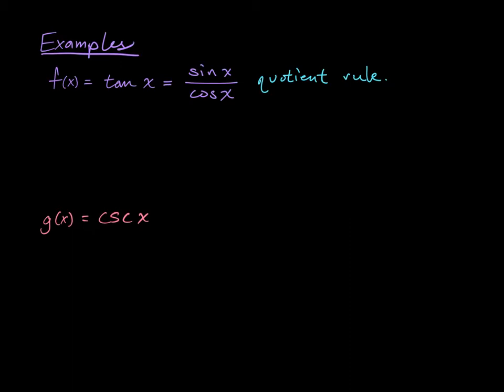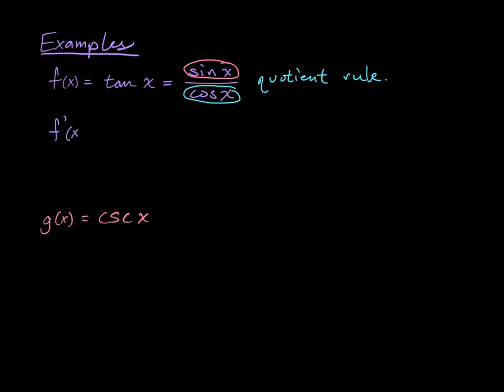So with this quotient rule, we can call the sine of x the top function, and the cosine of x the bottom function. So remember, you always start and end with the denominator.